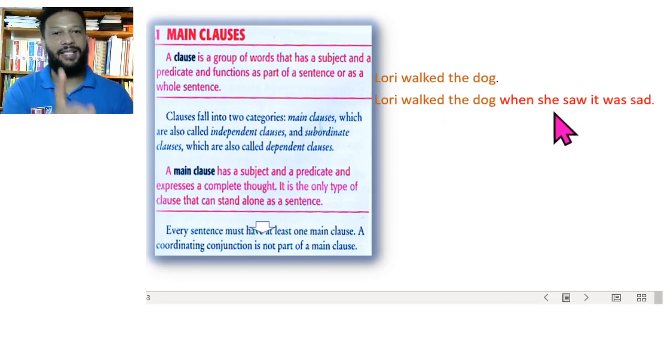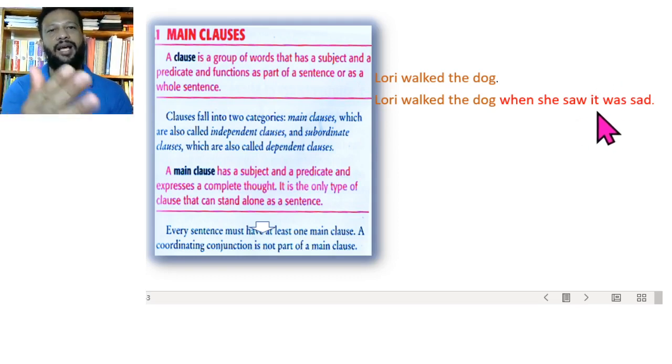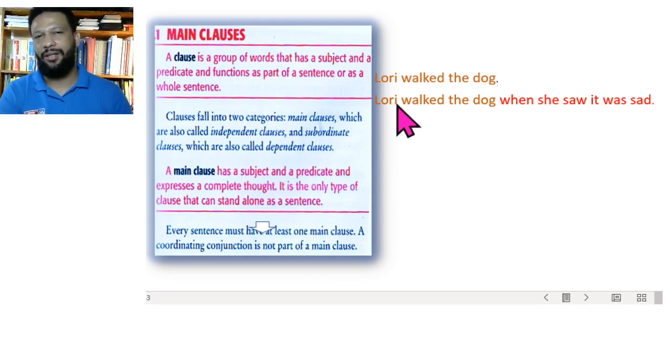However, the second clause, when she saw it was sad, is incomplete because when you say when she saw it was sad, there's something missing. If somebody tells you that, then you go like, oh, what? There's missing information that is completed with the independent clause. That's why we have these two types of clauses, independent clauses and dependent clauses.